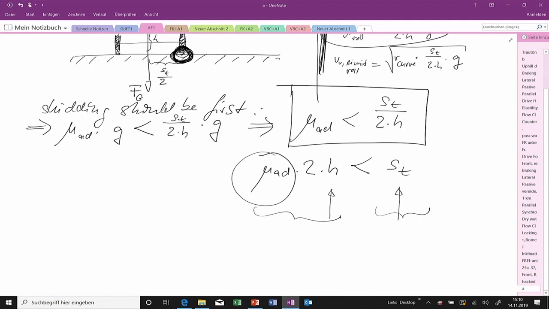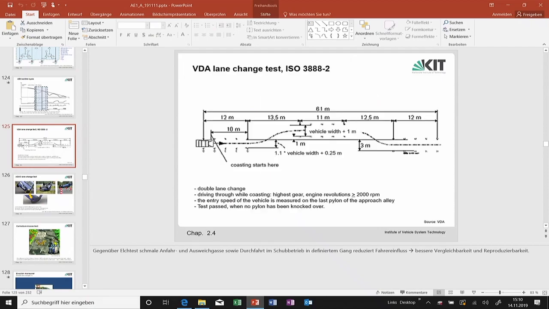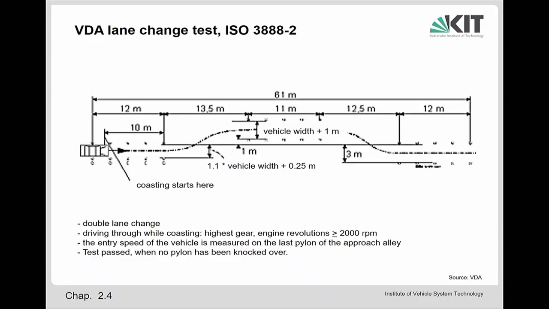And if we go with a vehicle in a situation like that, this is a so-called double lane change. A car is coming here. Here are some pylons which indicate the left and the right border of the track where the car should go.